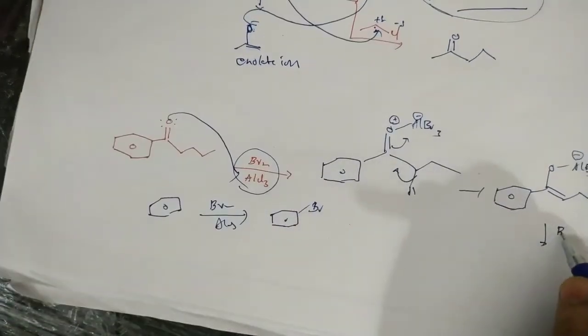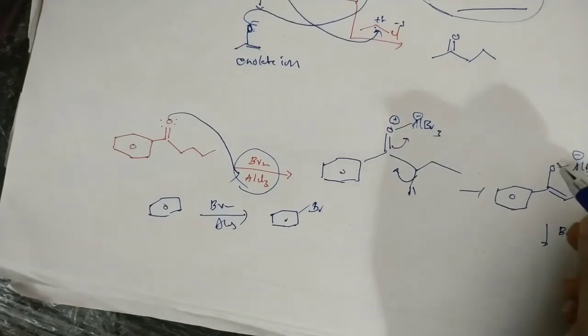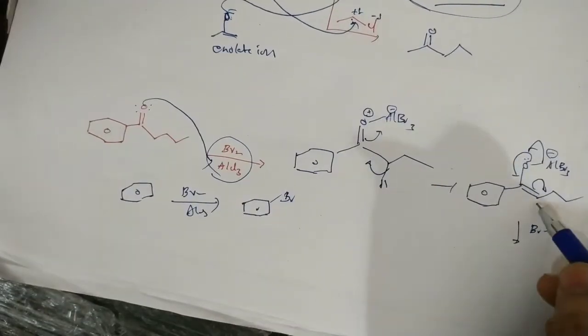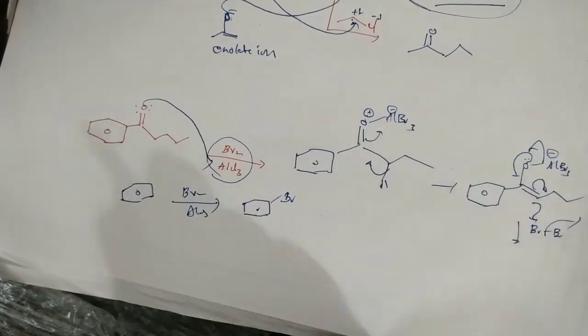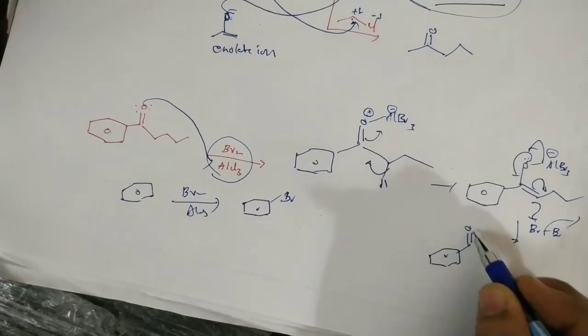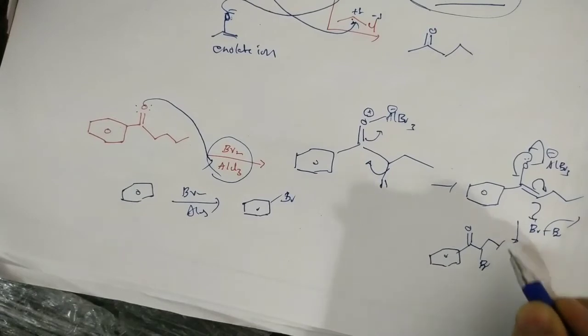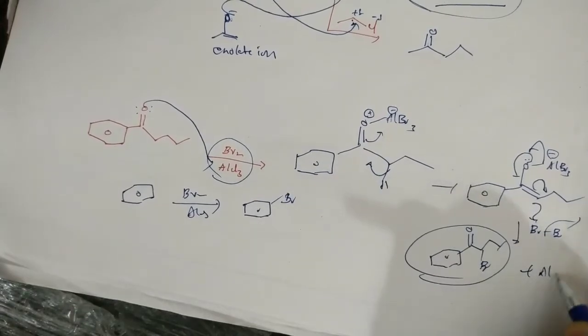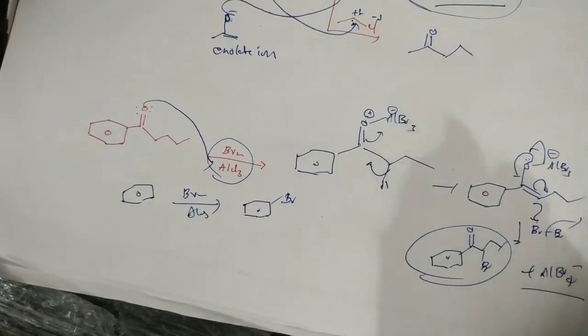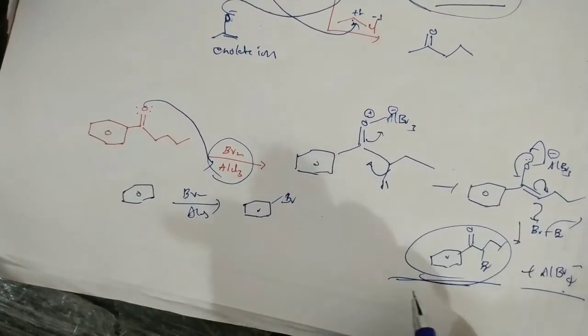Now in this case Br plus attacks this one, so the pi bond is reformed. The electrons are transferred to this carbon, and this negatively charged carbon attacks the Br plus, with the Br minus leaving. So ultimately the product is the alpha halogenated product. Then the remaining AlBr3 attacks the Br minus, so we get AlBr4 minus and the alpha halogenated product.